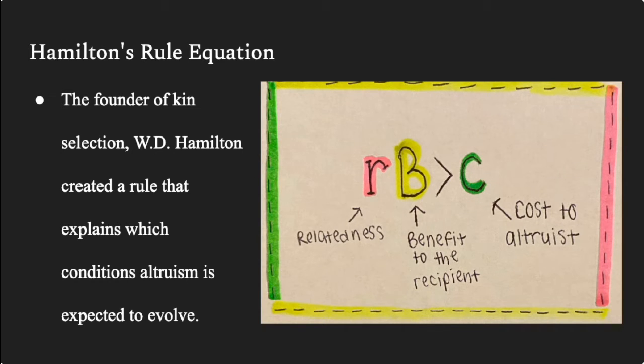In Hamilton's rule, R is relatedness, which is multiplied by B. B is how many more offspring was produced due to altruistic behavior, also considered a benefit to the recipient. Both of these are greater than C. C is how many fewer direct offspring is produced, also known as the cost to the altruist.